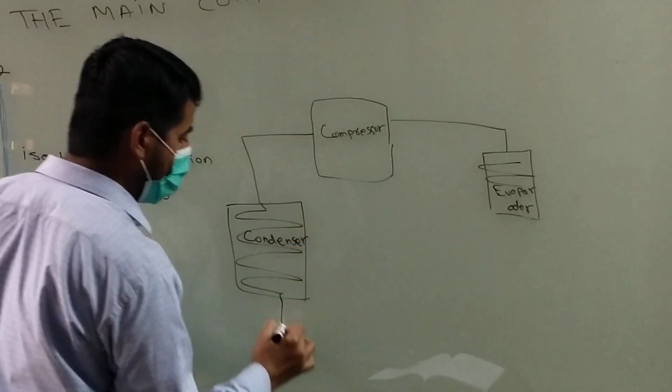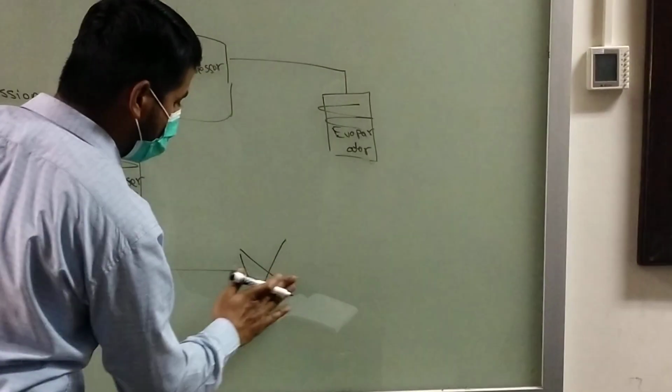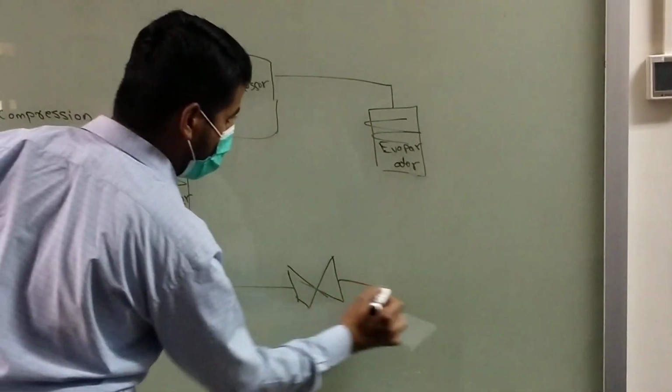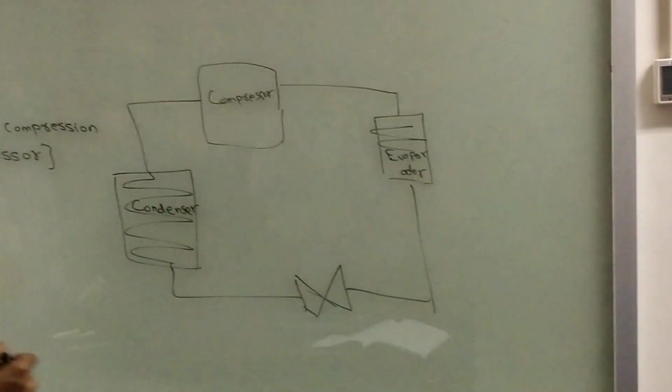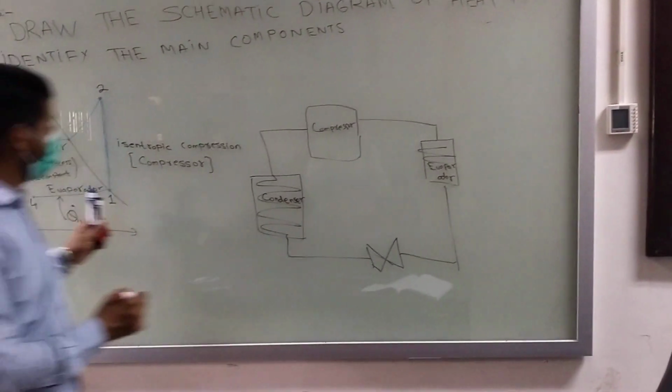This one is condenser, and then expansion valve, and then again evaporator.